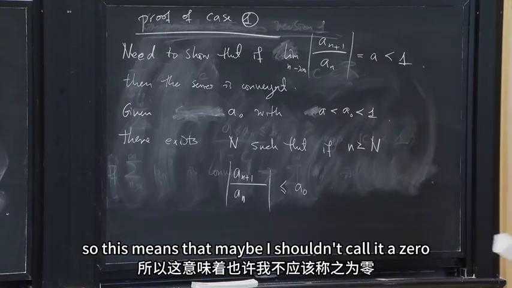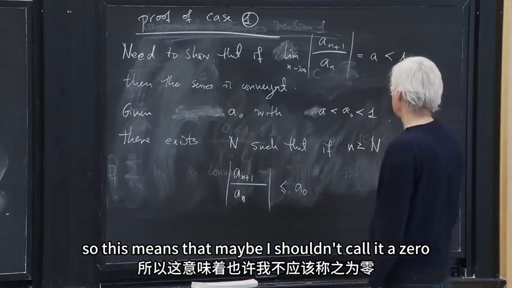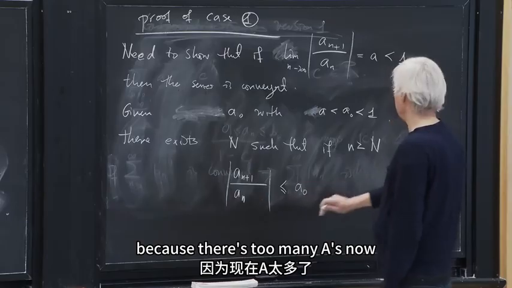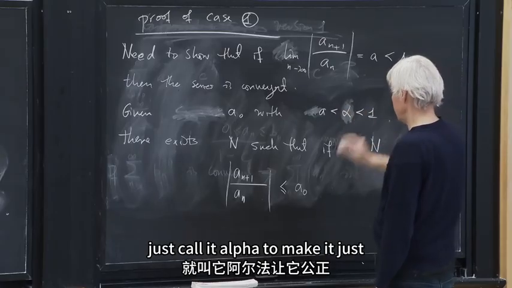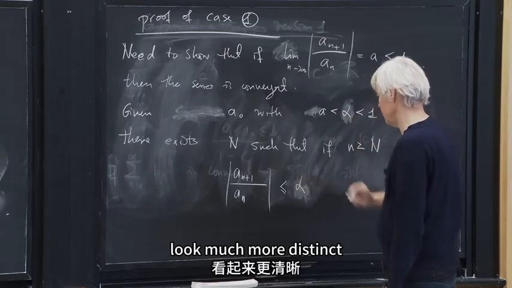Okay, so maybe I shouldn't call it A0 because there are too many A's now. Let's call it alpha to make it look more distinct.